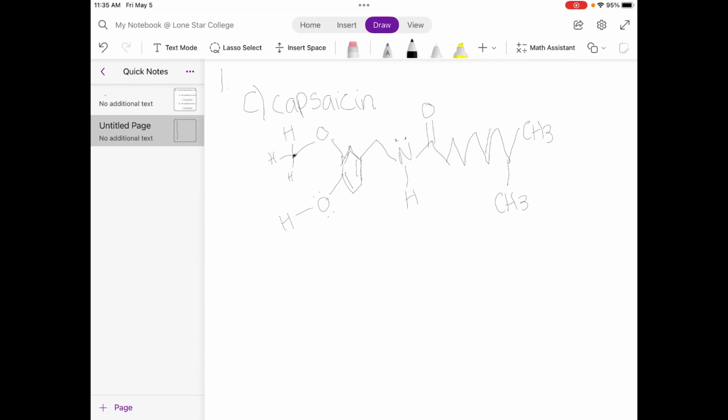Yep. Also on the far left, this one does not follow the octet rule, so put 2 lone pairs right here, because then it would now have 8. And also for this oxygen, it has 2 bonds, but it doesn't follow the octet rule, so just add 2 lone pairs right here. Now you have 8.